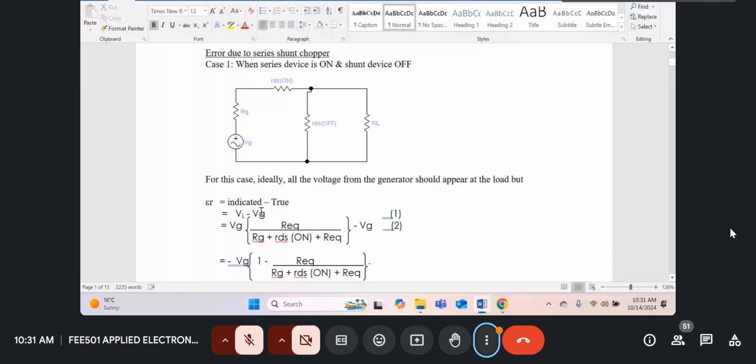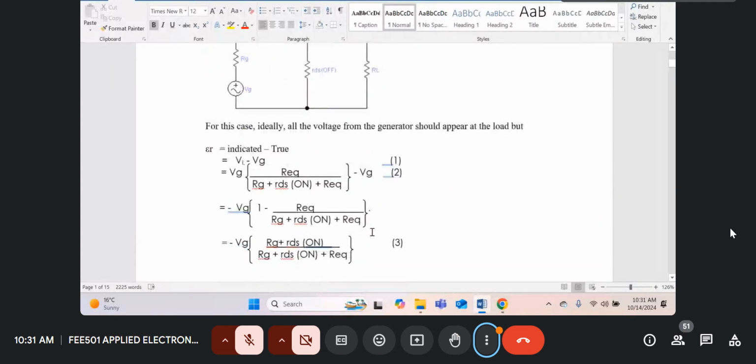So VL, if I combine these two resistances, RDS off and RL, and call it one name, R equivalent, will be VG into R equivalent over RG plus RDS on plus R equivalent. Because I've combined these two at the output as one impedance, I'm calling it R equivalent. So this effectively forms a series circuit from RG, RDS on, and R equivalent. So you get equation 2 over there.